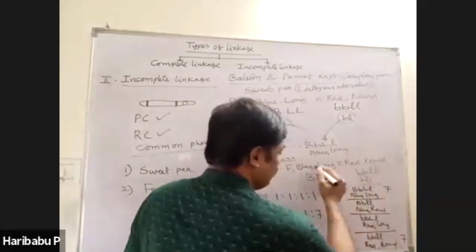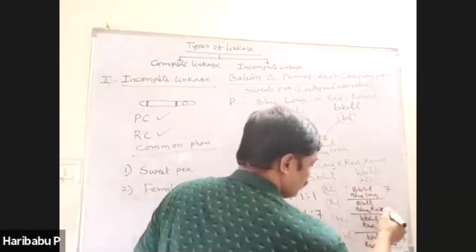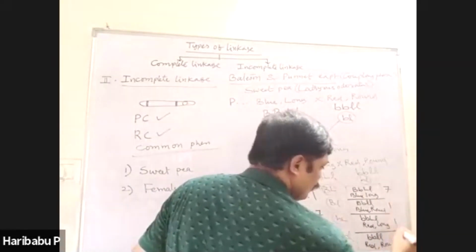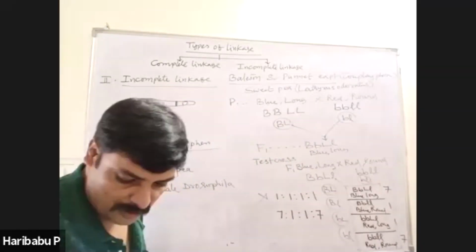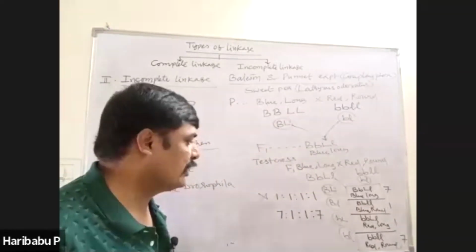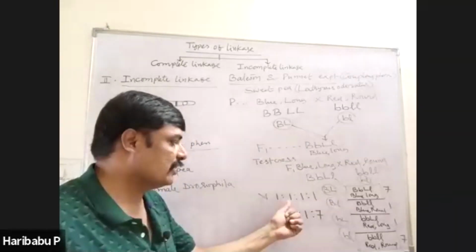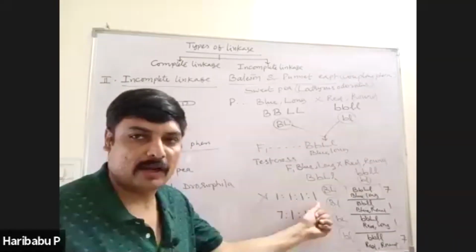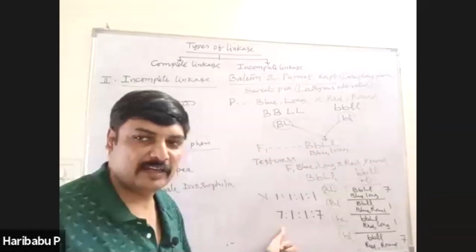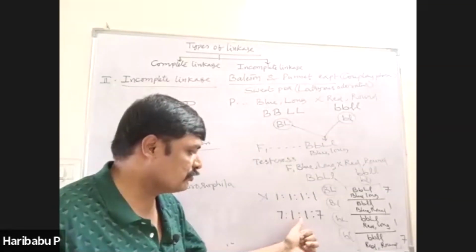These are 7, these are 7. These two are the parents, right? But here, 1:1. So therefore, the test cross ratio is modified. That means instead of 1:1:1:1, another ratio is obtained, that is 7:1:1:7.